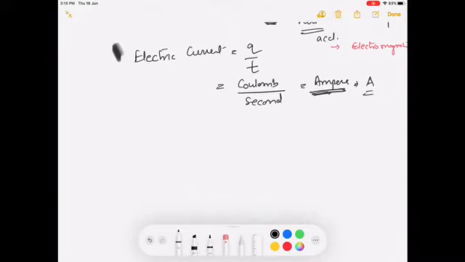Now, children, when we come to electric current, again we can consider that this electric current can be further divided into two types. You can have an average current, as well as an instantaneous current.